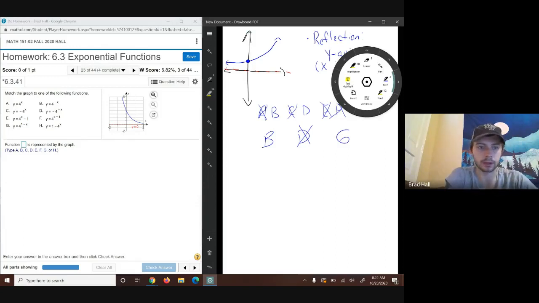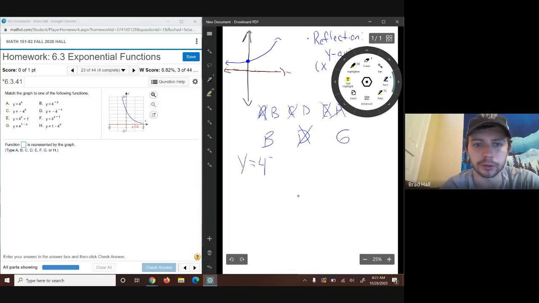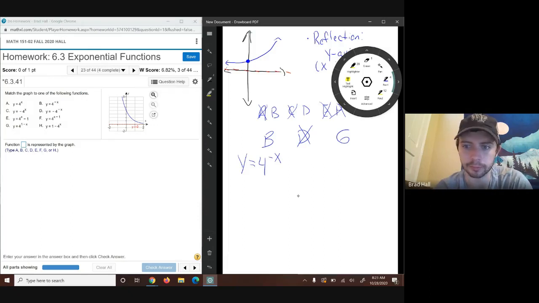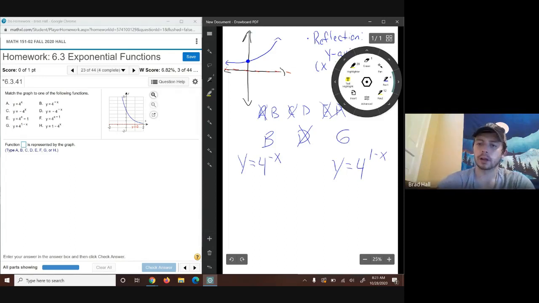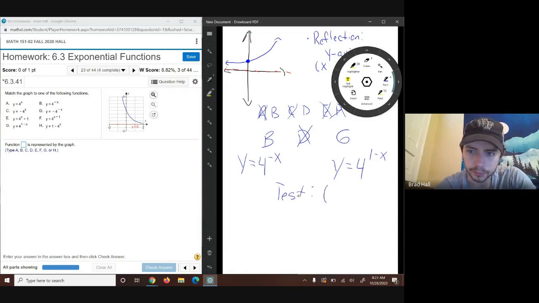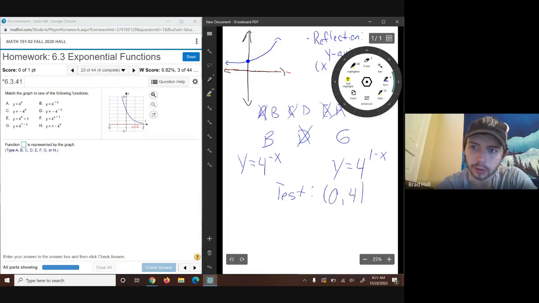And G is actually a shift to the right one, which may be a little bit tough to see. But that's why I'm going to use a test point. So what B says is y is equal to 4 to the negative x, and what G says is y is equal to 4 to the 1 minus x. The test point we're going to use, one of the obvious points that I see, is (0, 4) on the original graph stated in the problem.